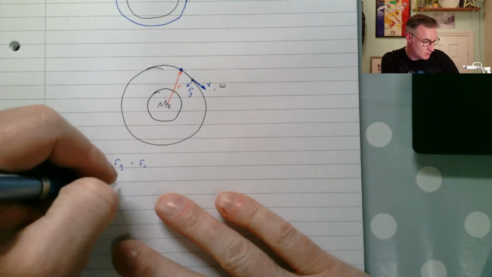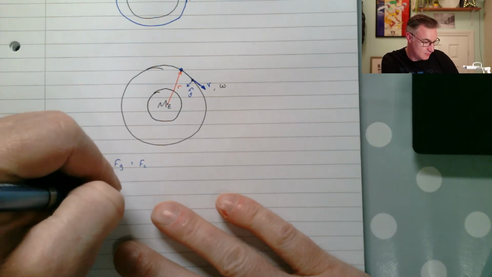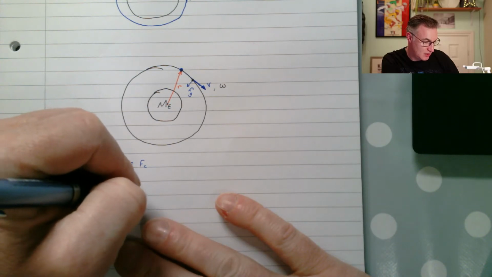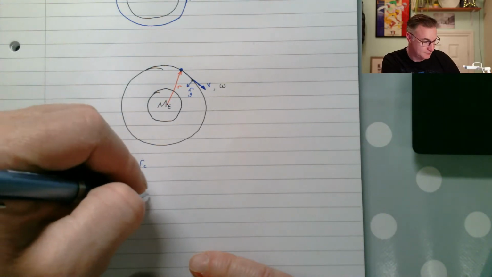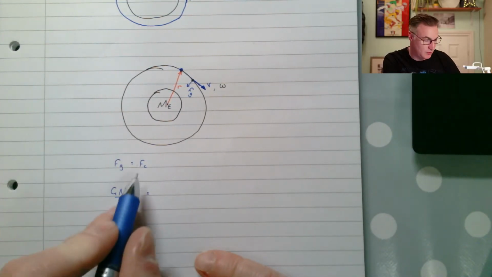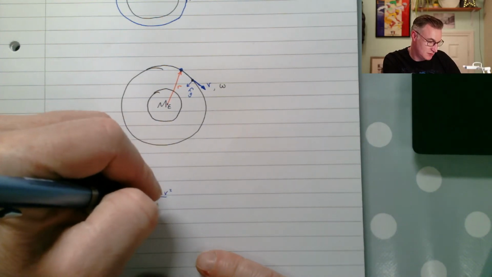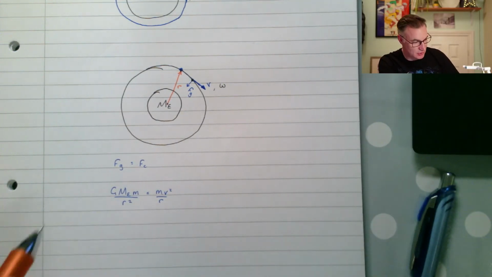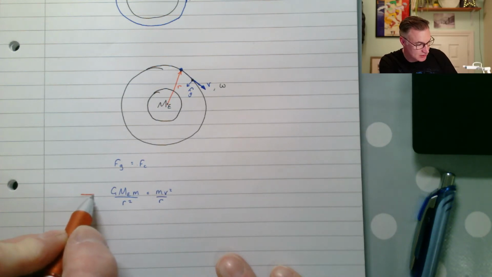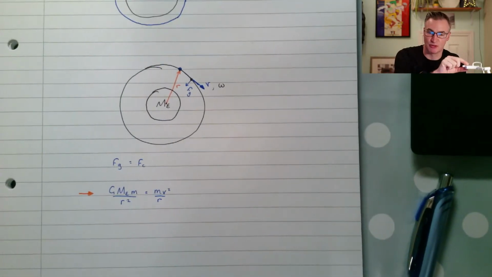The force of gravity is obviously G M_E m over r squared, and if we equate this to centripetal force, we're going to have m v squared over r. And so this is a crucial starting point. As I say, you're asked many wonderful things with long algebraic manipulations throughout this, and every time this is going to be your starting point.